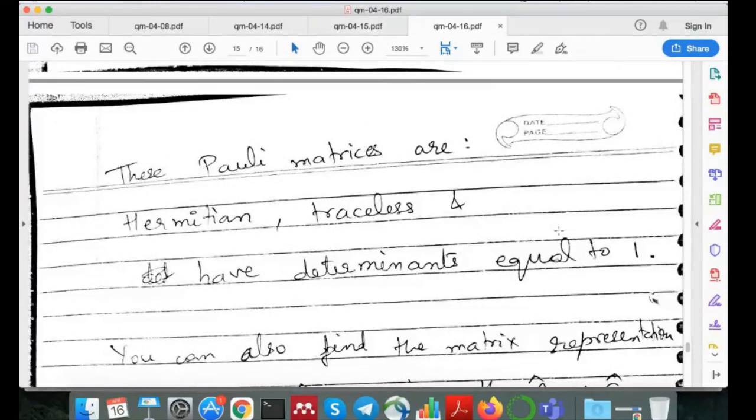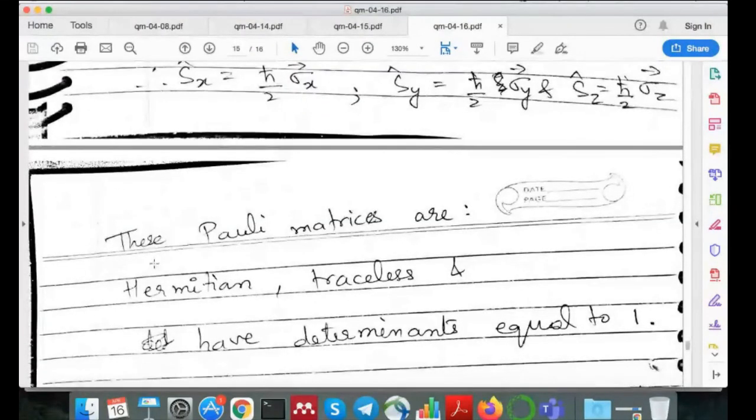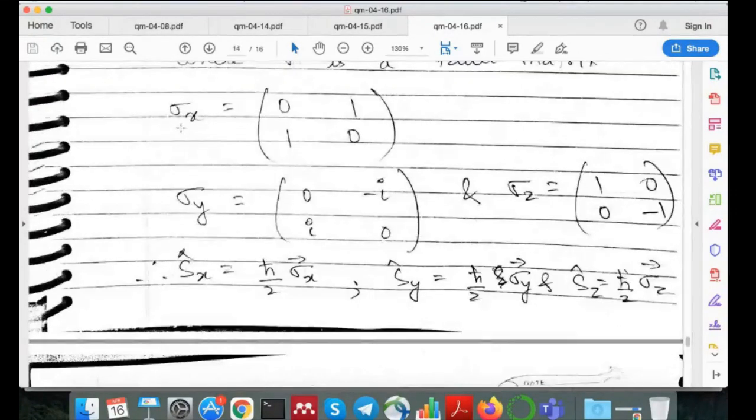So the Pauli matrices have some properties. These matrices are Hermitian, obviously, because they give an observable, which is real and measurable. So obviously the Pauli matrices have to be Hermitian. The second property is that these matrices are traceless. Traceless means that if you add up all the diagonal elements, they should give you 0.